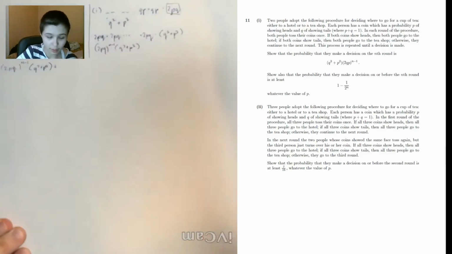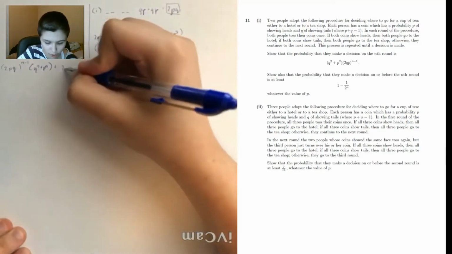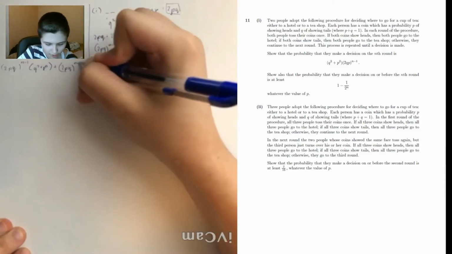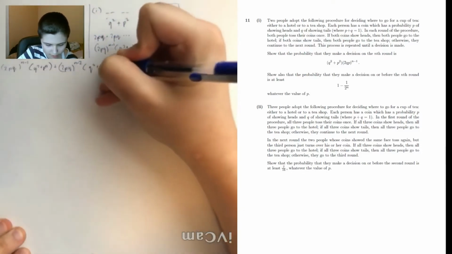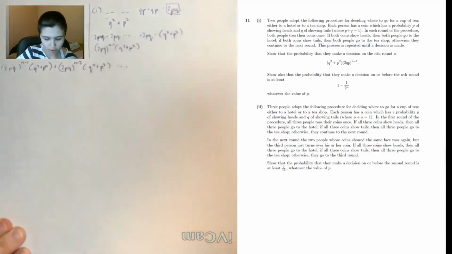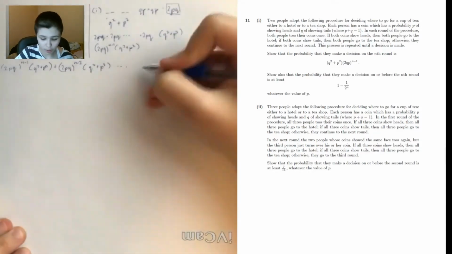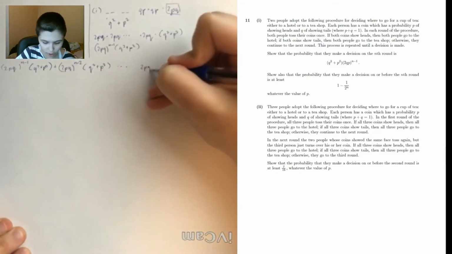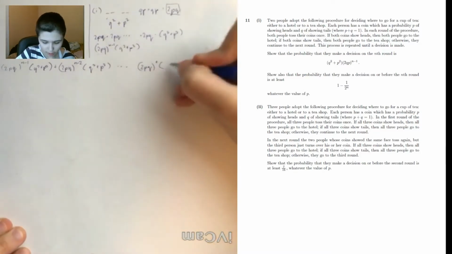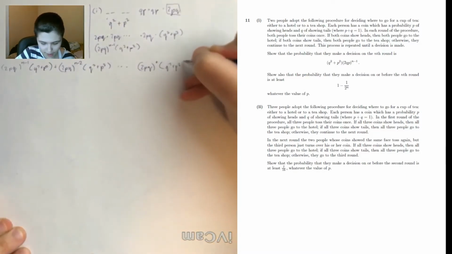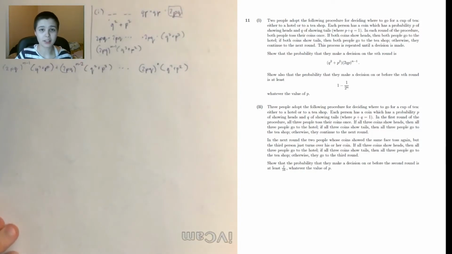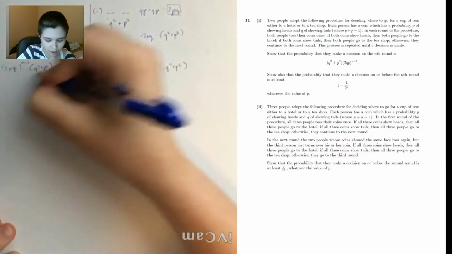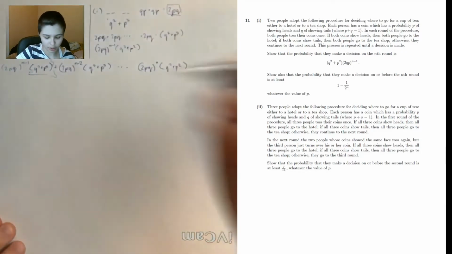The probability they make it on the n minus first round is going to be (2pq) to the n minus 2 times q squared plus p squared, all up to the probability they make it on the first round, which is going to be (2pq) to the 0 times q squared plus p squared. And as you can see, this is a geometric progression with common ratio 2pq, all multiplied by q squared plus p squared.